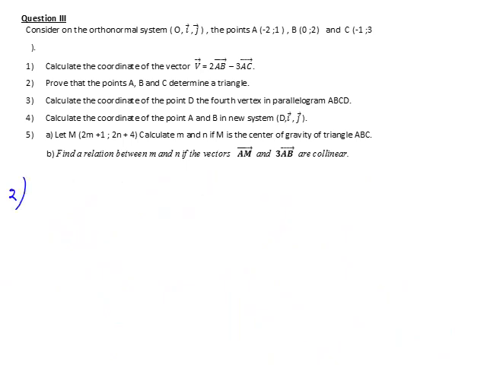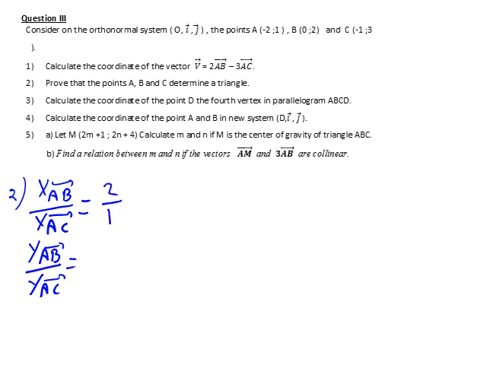2. Prove that A, B, C determine a triangle. X of AB over x of AC equal 1 over 2, and y of AB over y of AC equal 1 over 2.